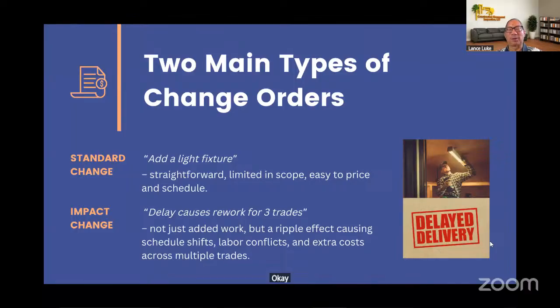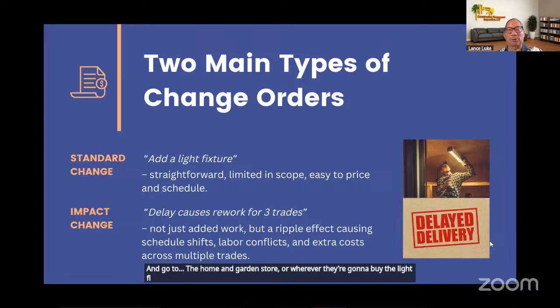Okay, so they don't have the light fixture on site because it wasn't in the plans. Okay, so somebody has to figure out what brand that light fixture was and go to the home and garden store or wherever they're going to buy the light fixture, City Mill, Home Depot, Lowe's, and buy the light fixture.